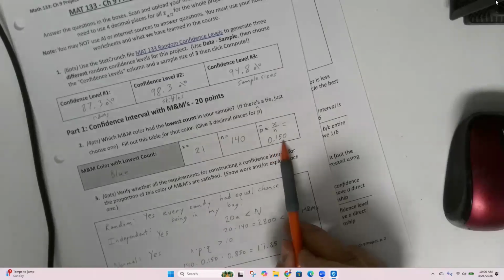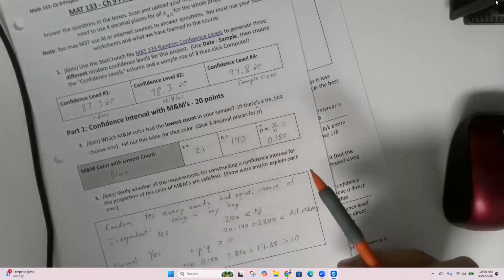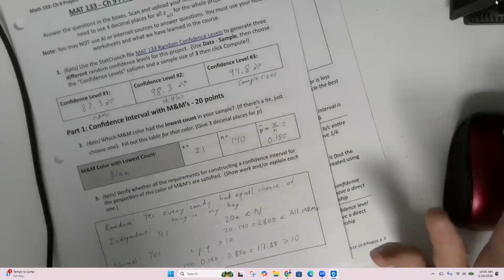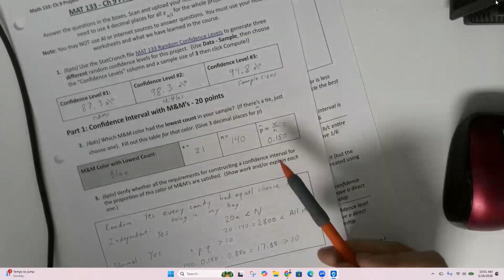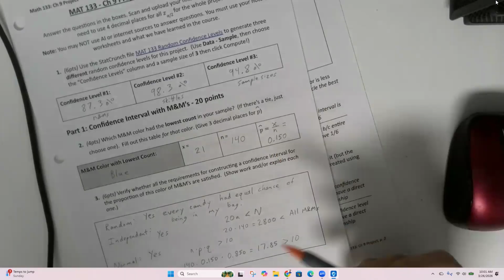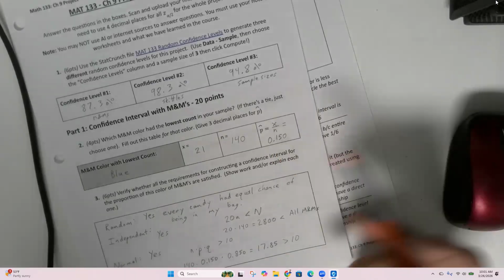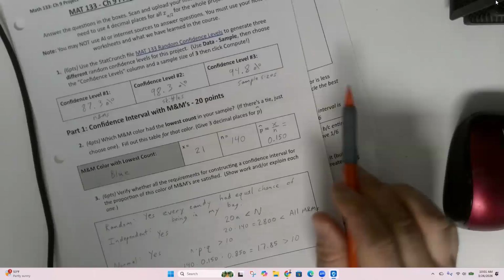Now, is that accurate? No, it's not, because I have a random sample, just a random bag that I bought, right? But we can say that that is close to the actual population proportion. How close? That's what the confidence interval is going to show us.